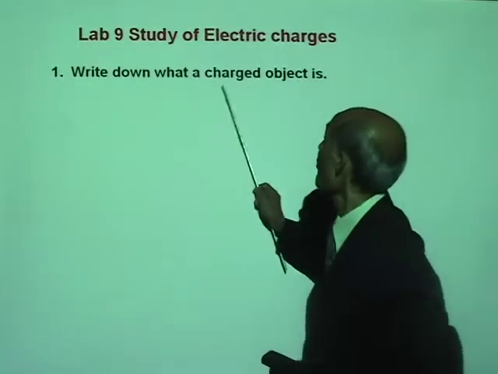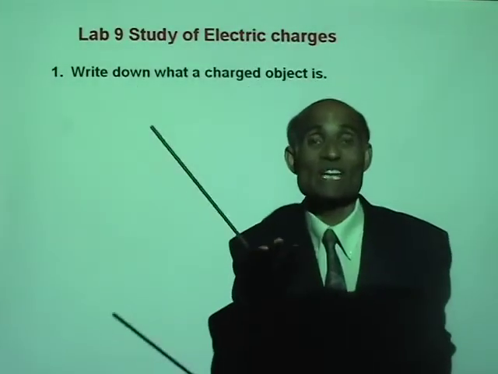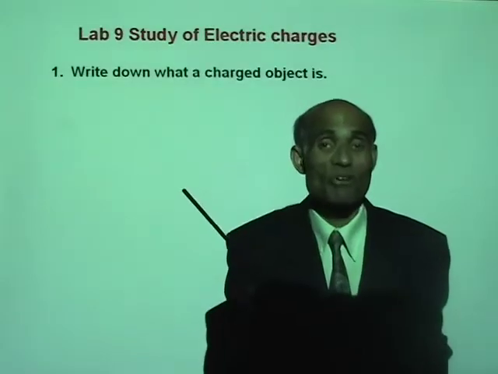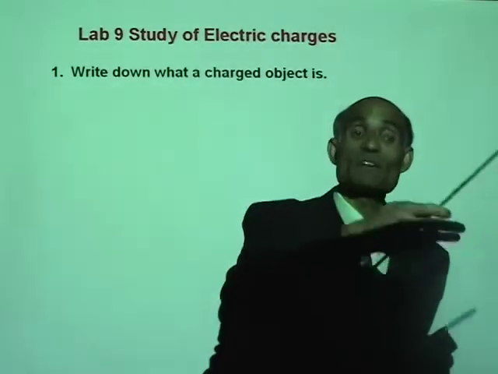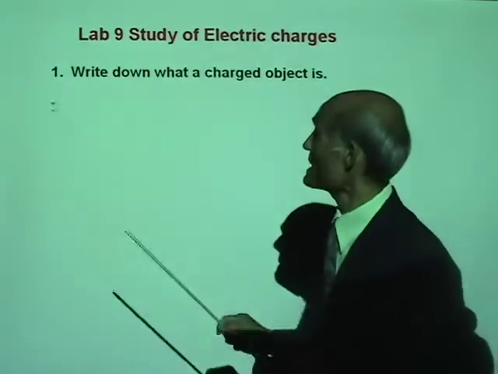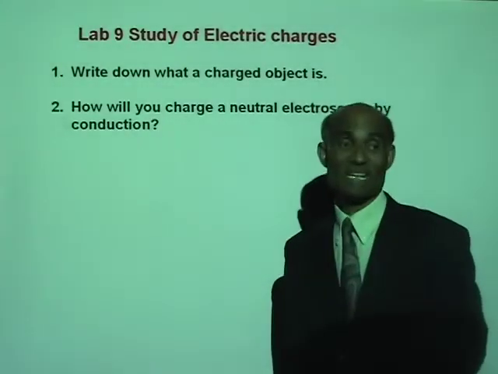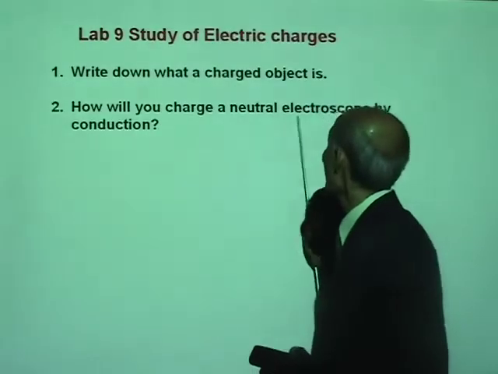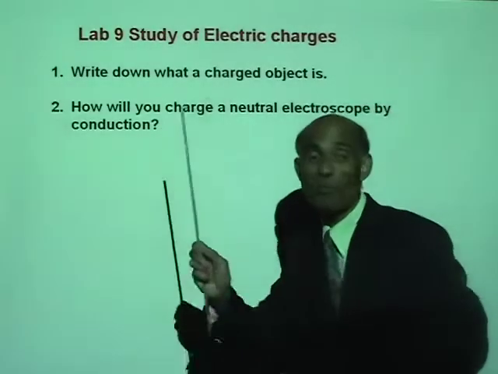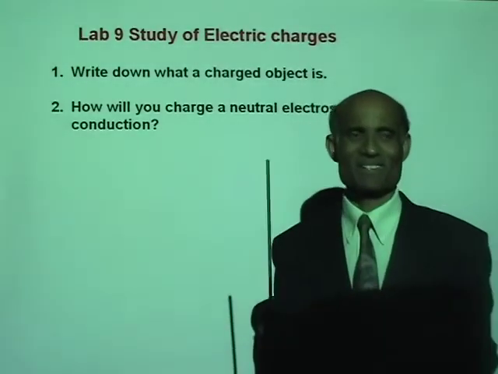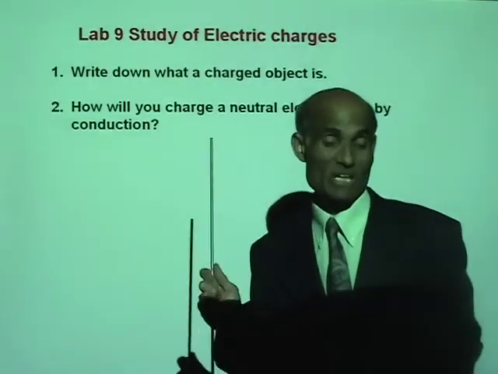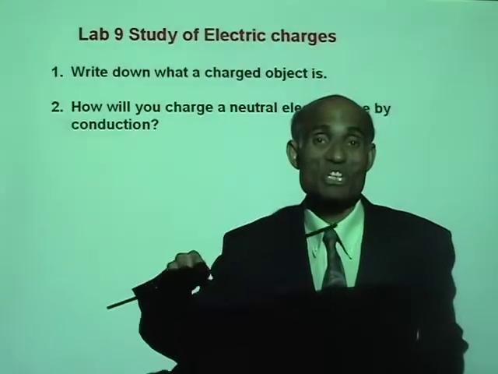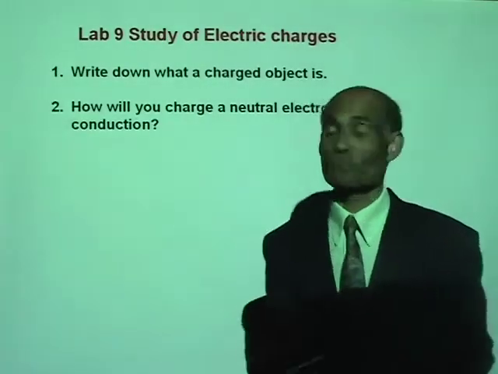So write down what a charged object is from our discussion so far. If you want a repeat of this, you've got to go back and listen to me again. How will you charge a neutral electroscope? By conduction. I showed you in the diagram and also in the lecture here how charging can be done by conduction.